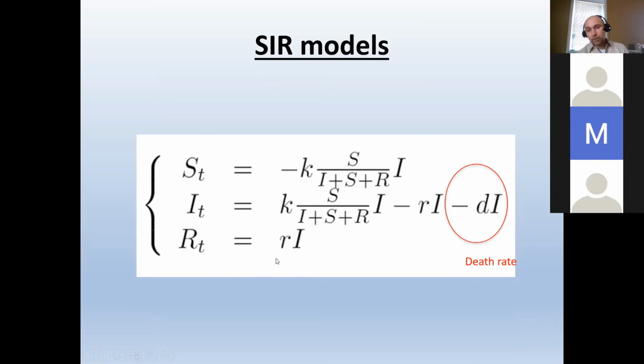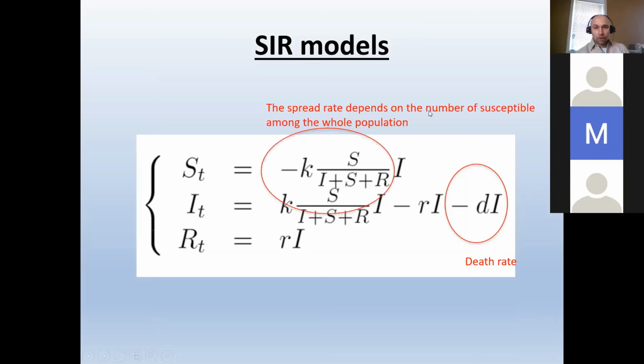You don't need that to compute the solution of the equation, but it's important. And also you can make a kind of probability, meaning that here this is the proportion of susceptible people among the whole population.